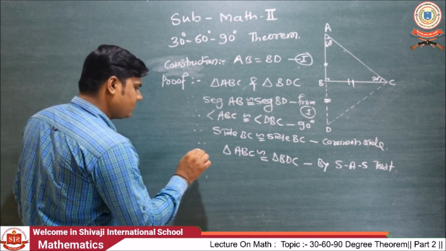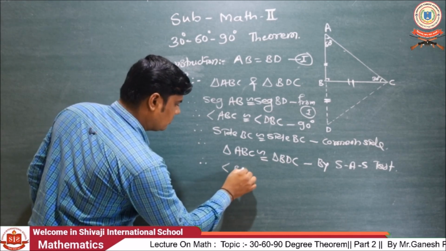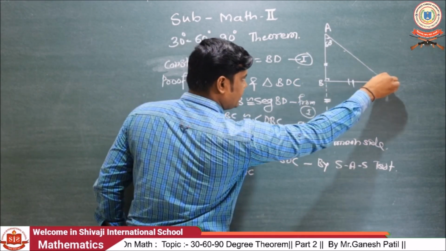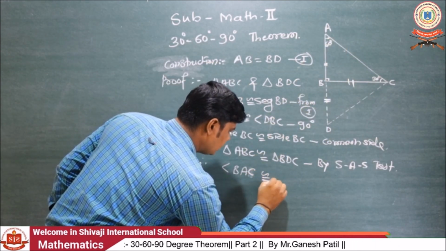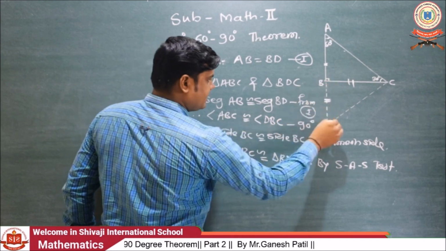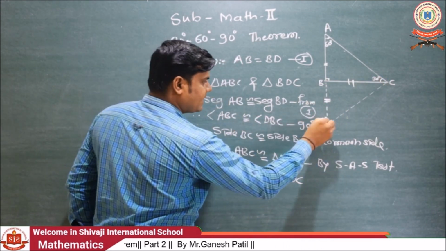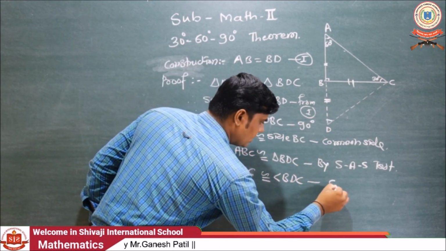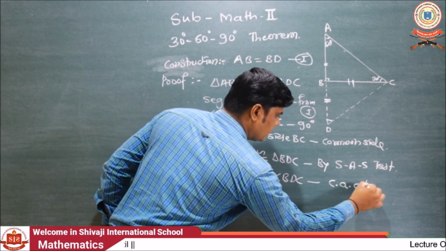And then angle BAC, meaning angle A, and angle BDC, meaning angle D, are both equal. These are corresponding angles of congruent triangles.